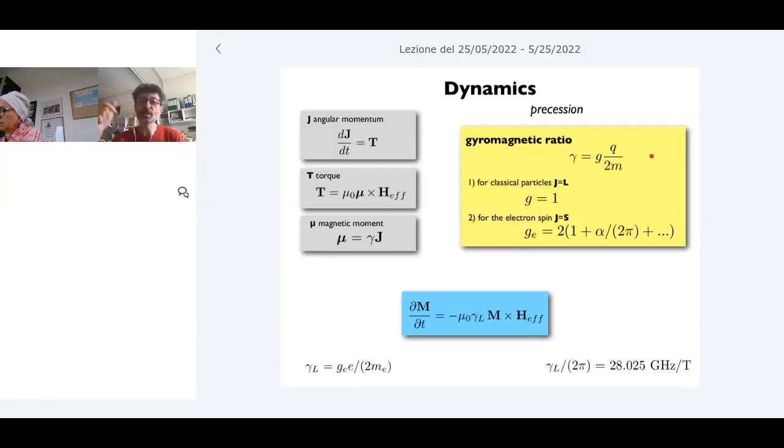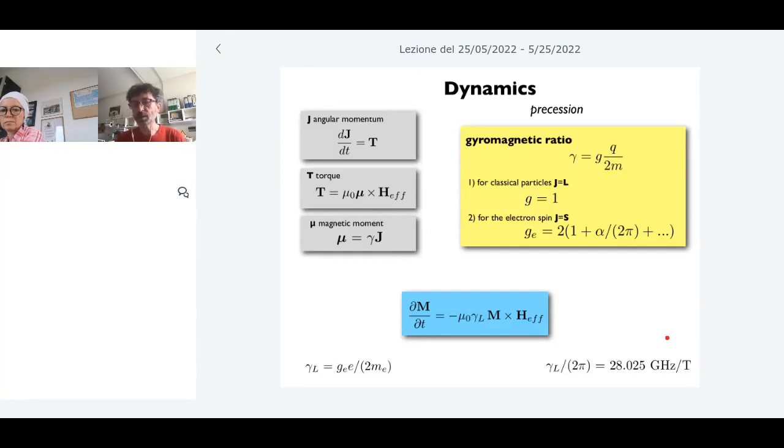So how much is this gamma for the electron? It is what is written here. Gamma over 2 pi is a frequency over Tesla, 28 gigahertz per Tesla. So this phenomenon of precession of magnetization for ferromagnets, with the electron spin, is in the gigahertz range, several gigahertz.